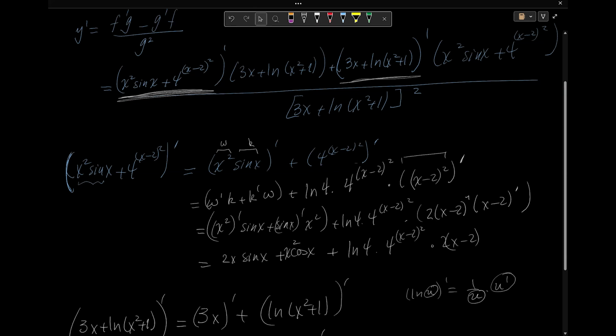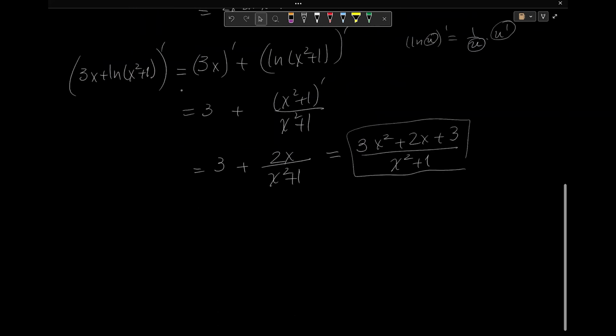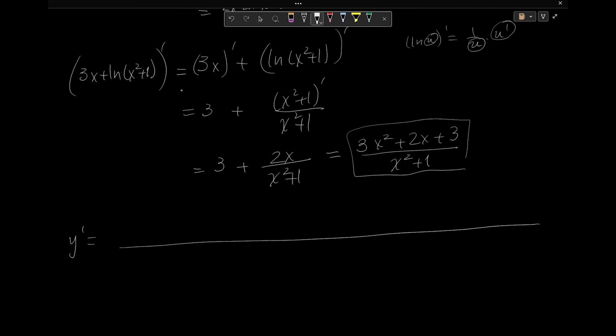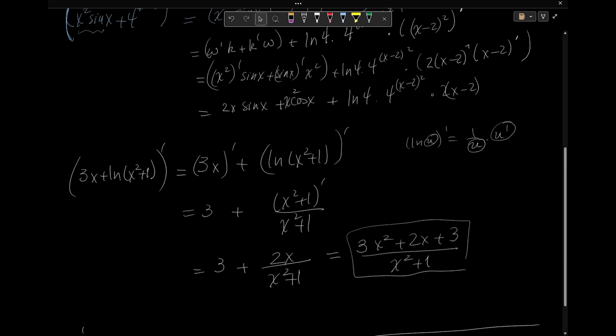This is the derivative of this. So now we can plug them in, to be careful. So this is the ln 3x plus ln of x squared plus 1, squared. And on the top, I have this.